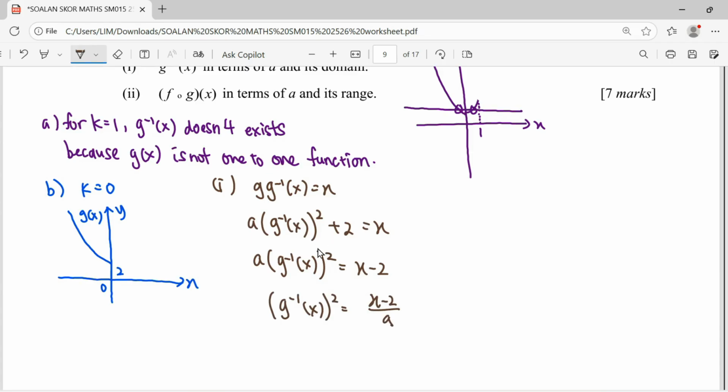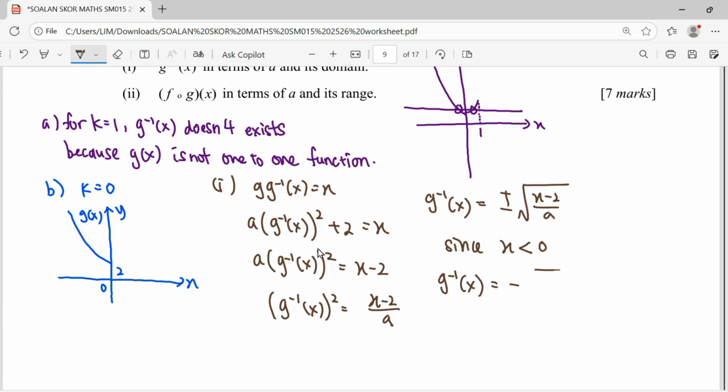When we take the square root, we have positive and negative, two answers. Since our condition is the left-hand side, x less than 0, we only take the negative part. Therefore, g inverse is negative square root of (x minus 2) over a.